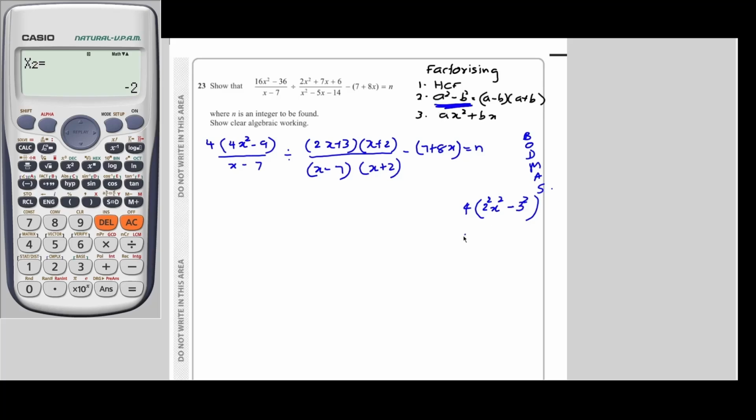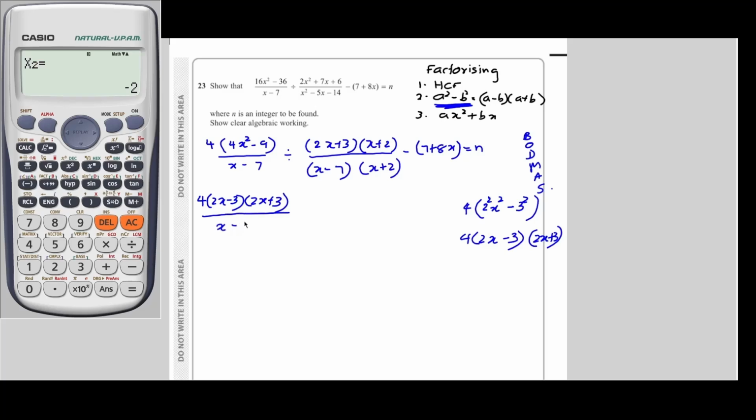So I can write it as 4 times (2x minus 3)(2x plus 3). This is the way I got it. I converted this one according to the difference of squares format.